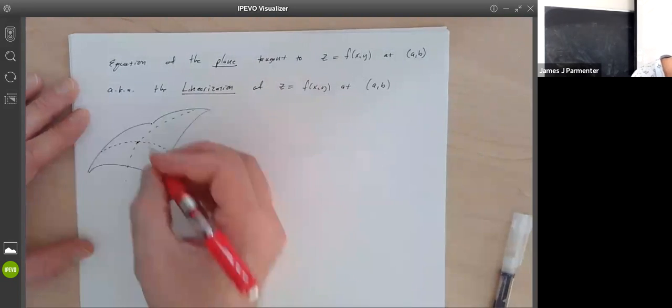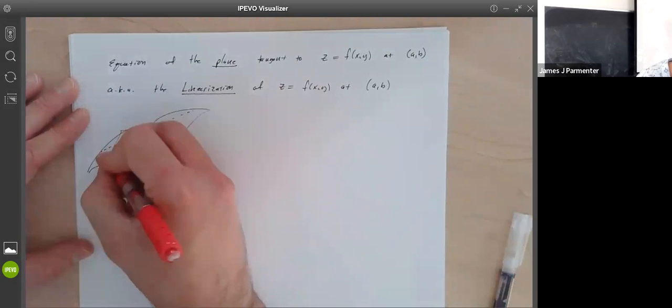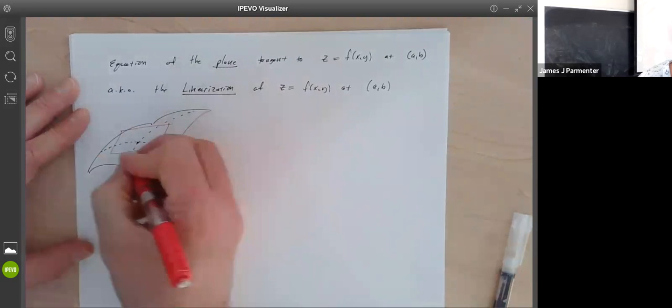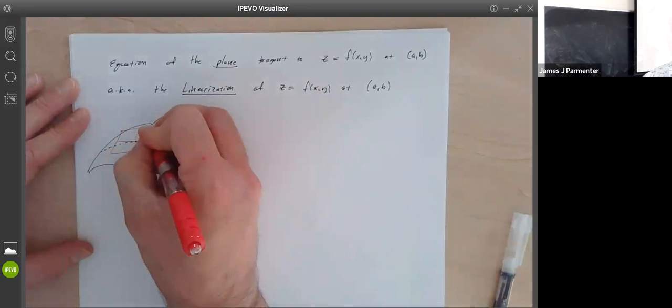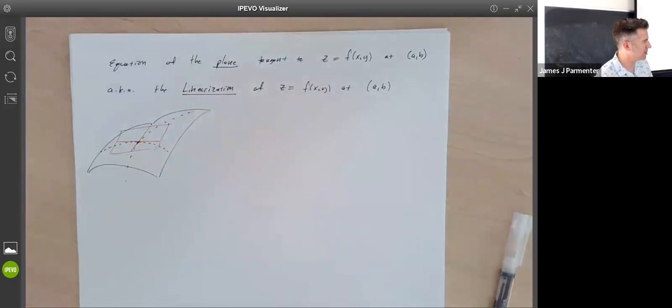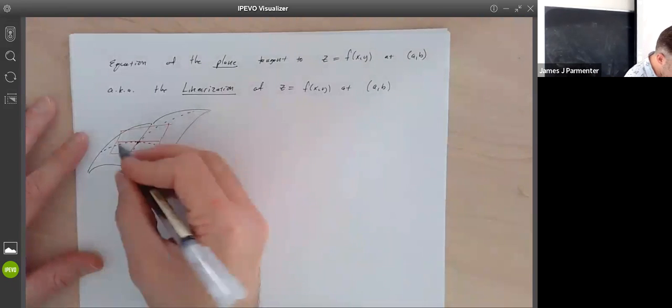Basically, we're saying there's some plane here tangent to the surface. My picture's okay, it's not great. There's better pictures in the book. That's why you've got the book, you can look at the pictures. It's definitely one of the things it's good for. But this plane's just sitting on the top of this surface, tangent to it. And we're trying to find the equation of that plane.